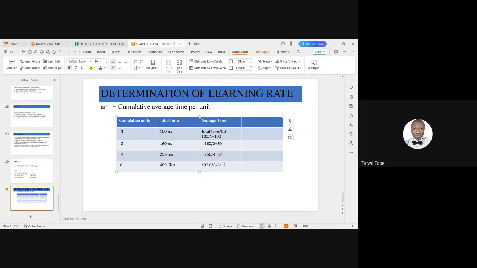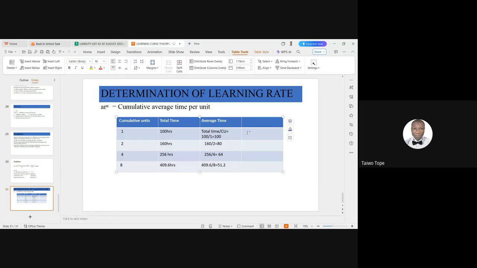Now, when the cumulative unit is 1 and the average time is 100, what will be the percentage decrease at this point? At this point, it should be a dash, because what is before 100 is 0. 0 minus 100 divided by 0 will give you nothing, undefined.